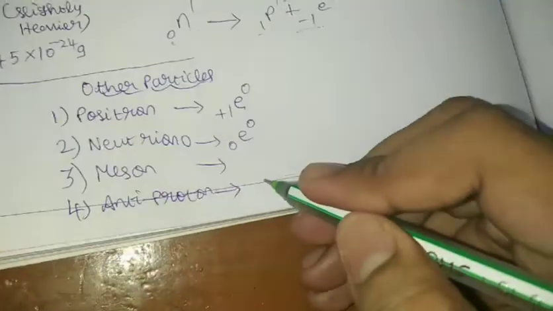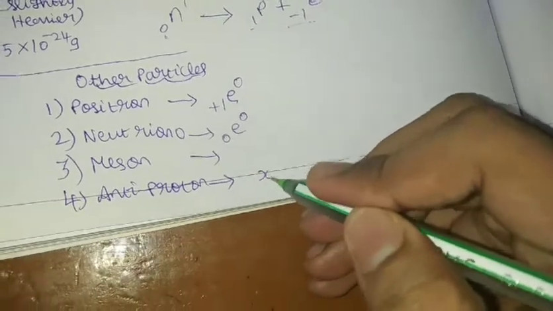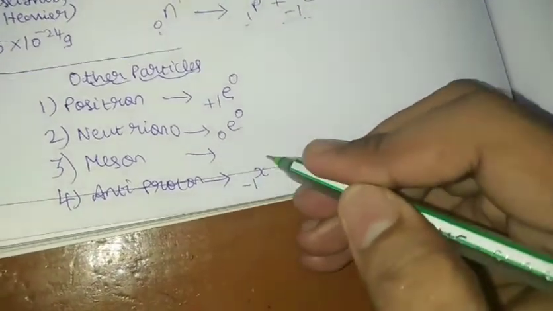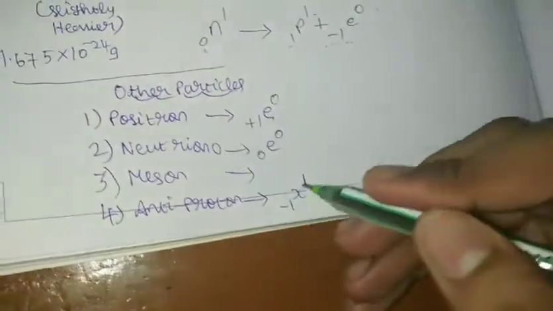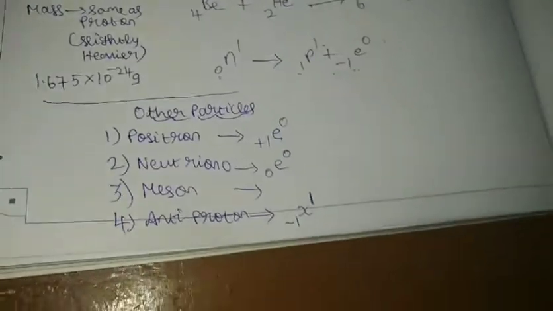So it bears a unit negative charge, but has mass similar to that of a proton. Okay, so it's antiproton. There's no necessity, just know the names. They will not ask questions, neither in boards. So this is about the subatomic particles in this chapter.